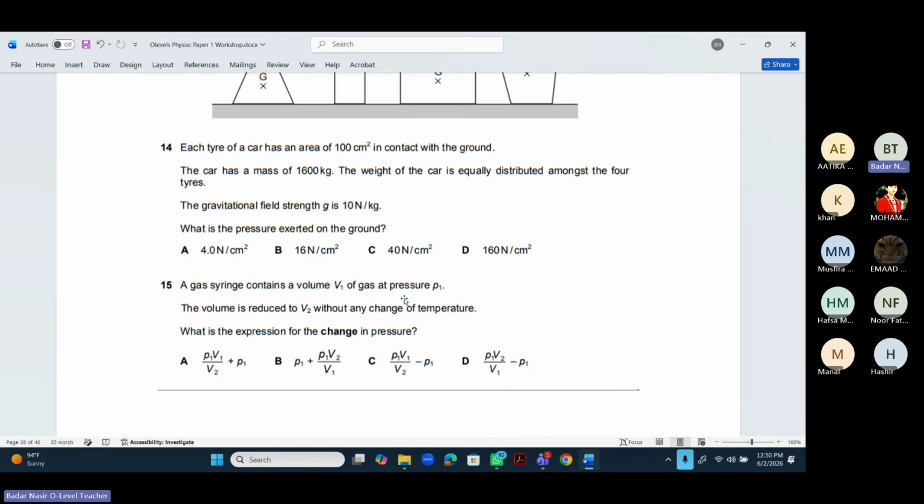The weight of the car is equally distributed among the four tires. Okay, first let me find the weight. W is equal to mg, 1600 into 9.8, which is 15,680. This force is equally distributed among the four tires. So how much force acts on a single tire? Divided by 4, and we get 3920 newtons.